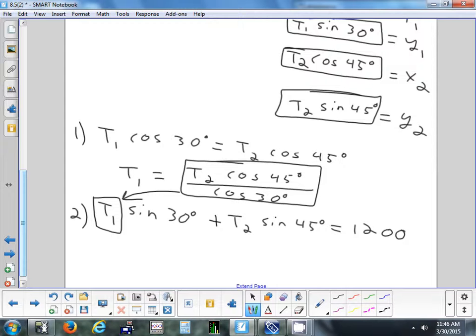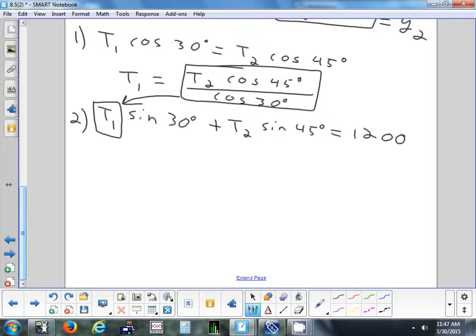If you don't want to use substitution, you could use elimination. I wouldn't advise that here. I think that would get even more confusing. Okay. Now, once I fill in what I'm telling you for T1, what's my only variable going to be in the second equation? Victoria?